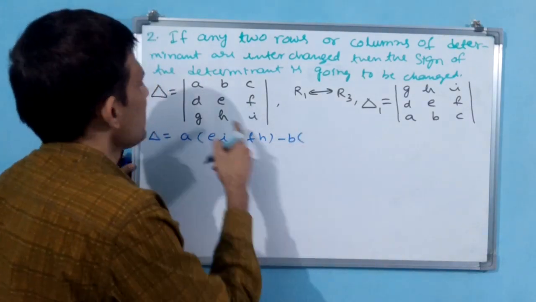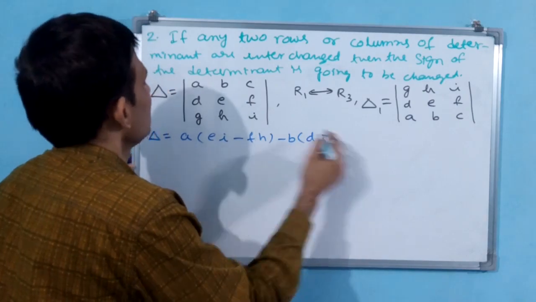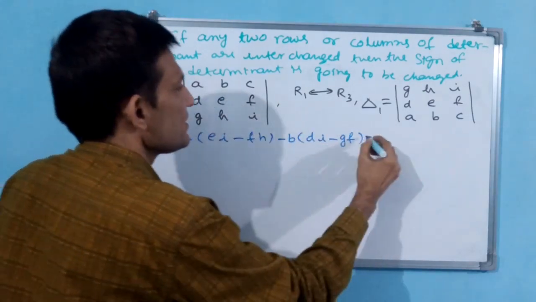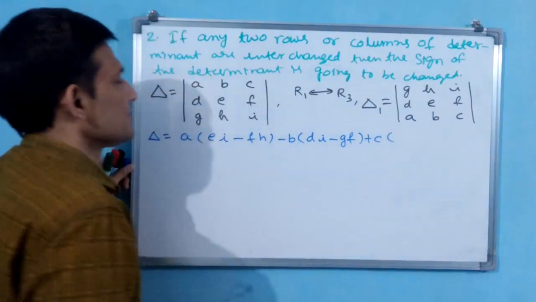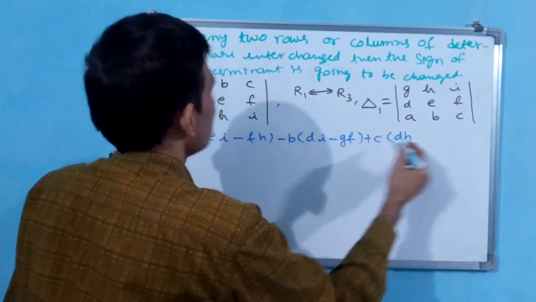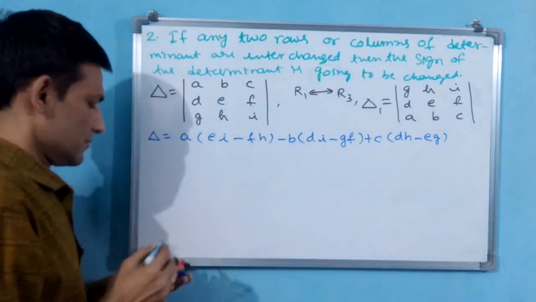Minus B into DI minus GF. Plus C into DH minus EG. Okay.